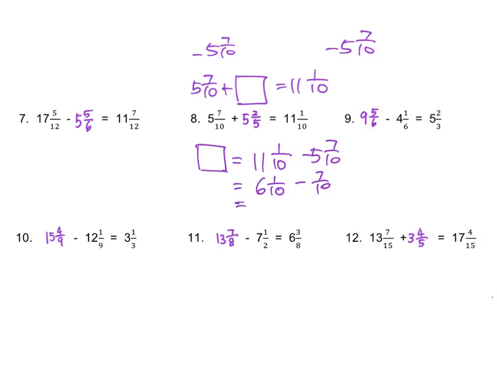So I will have 1/10 plus 6 minus 7/10, which equals 5 and 4/10. I need to change it to the simplest form, which will eventually equal 5 whole and 2/5.